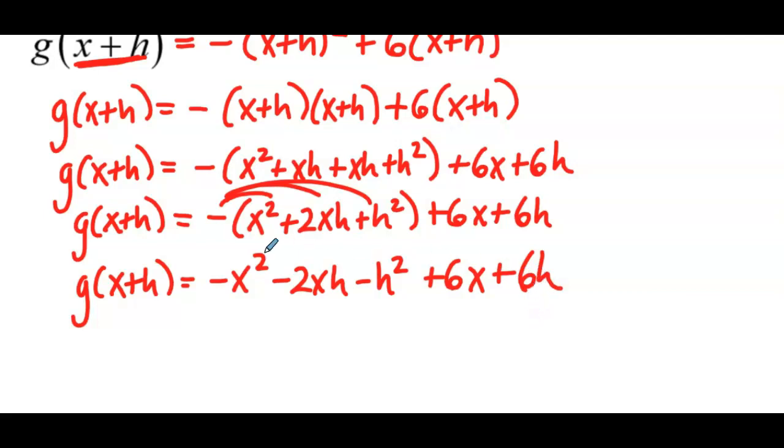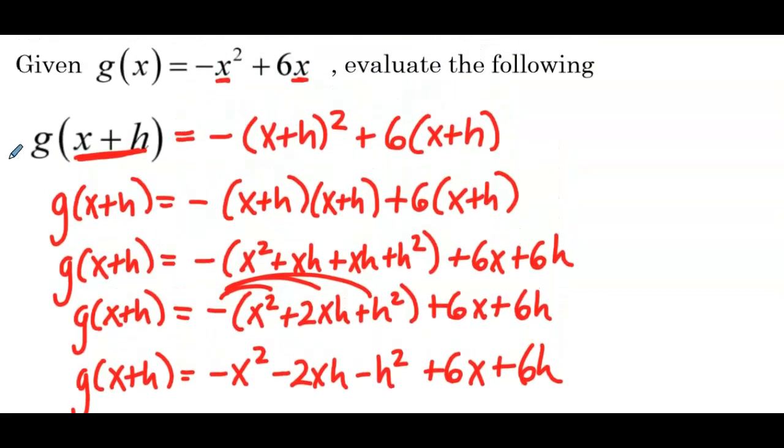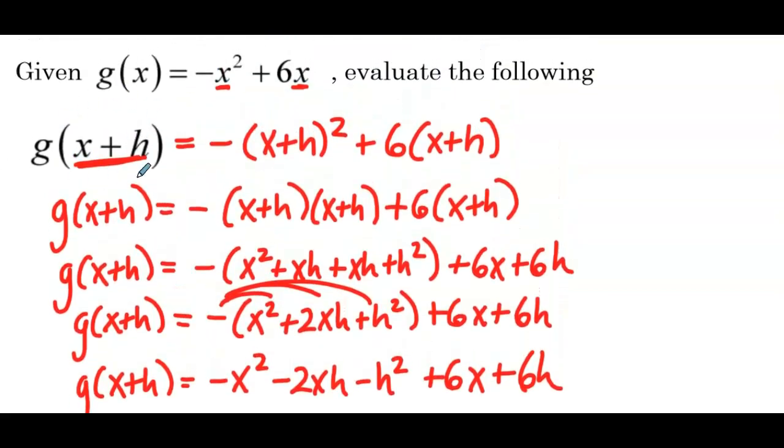Okay, so we had a lot of simplification in this example, but the important piece is how we start, making sure that we substitute the input of x plus h correctly into our function. So substituting in for each x in the function, x plus h in parentheses.